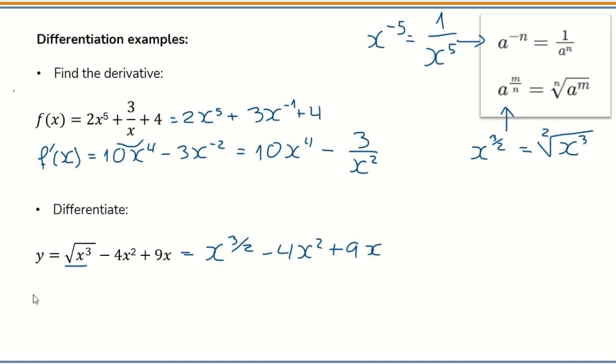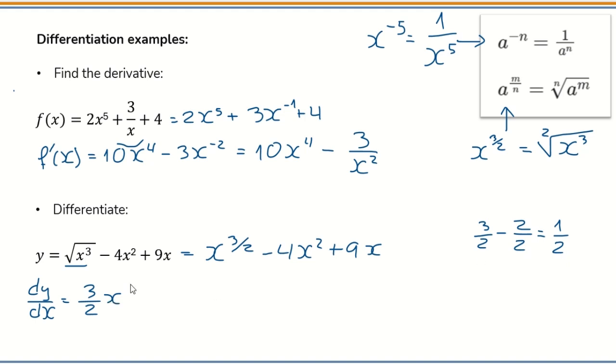And now I'm going to differentiate this, so dy dx equals 3 over 2 x to the power of 3 halves minus 1. 1 is 2 over 2, and this is 1 half.